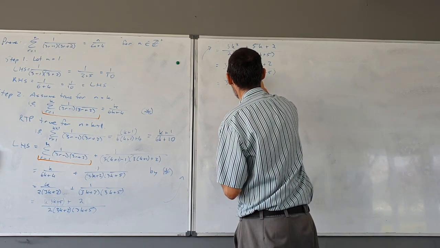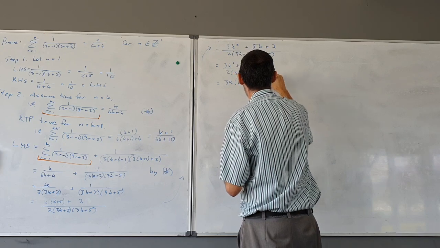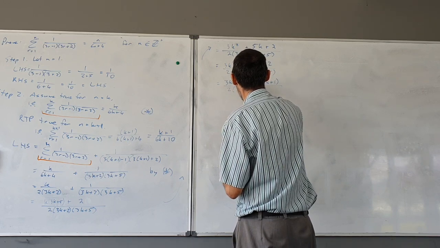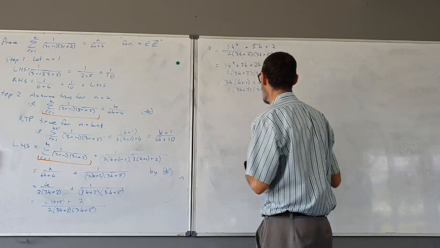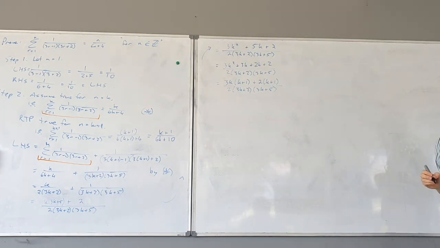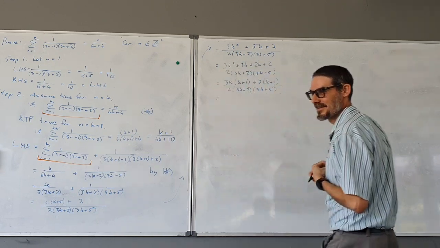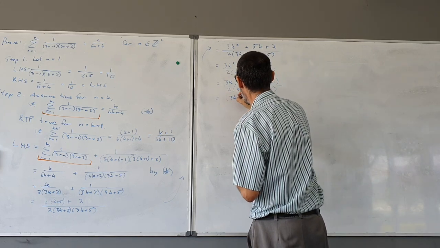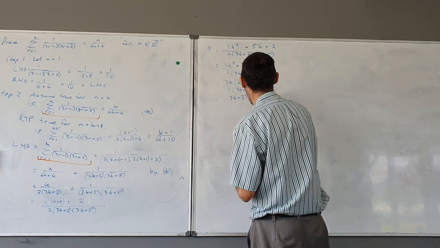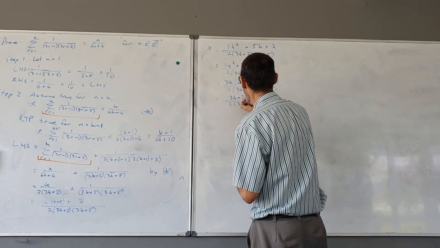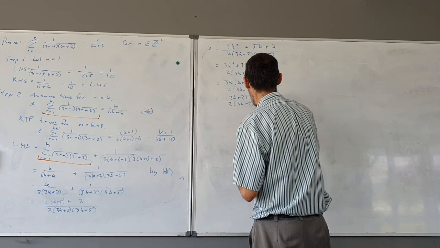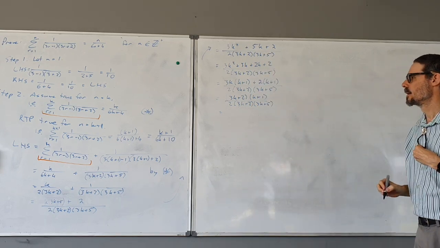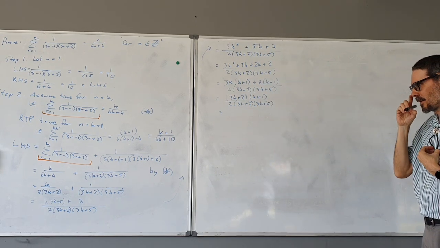3k plus 2 times k plus 1. Oh, that's nice. Ooh, it works.